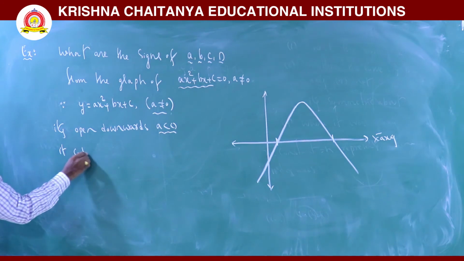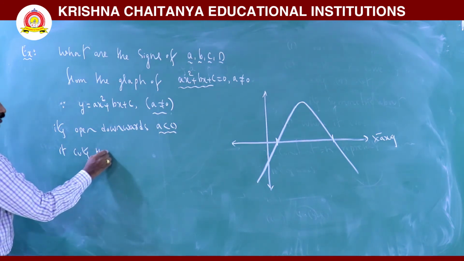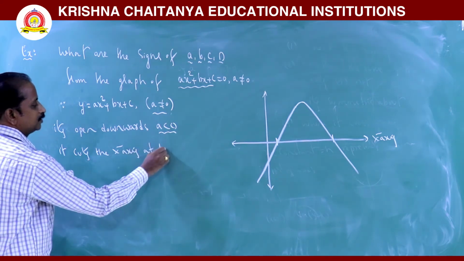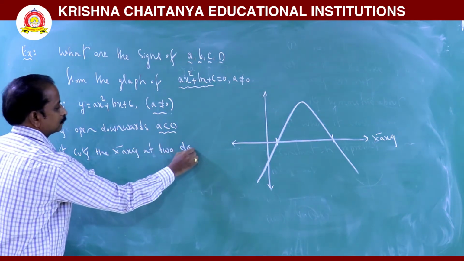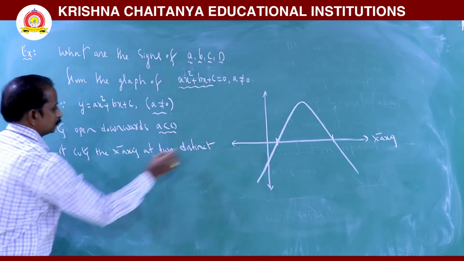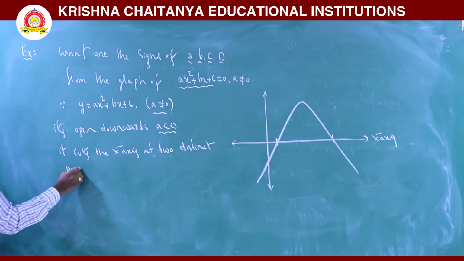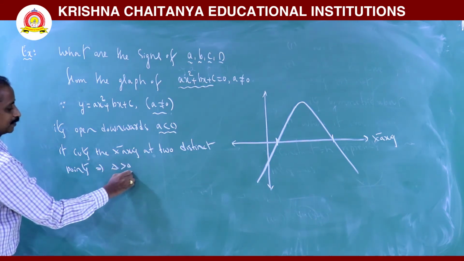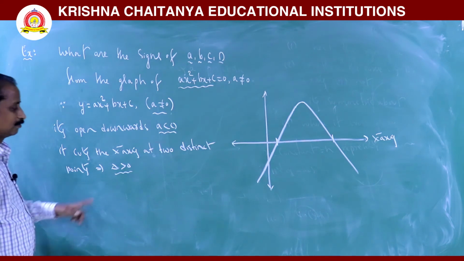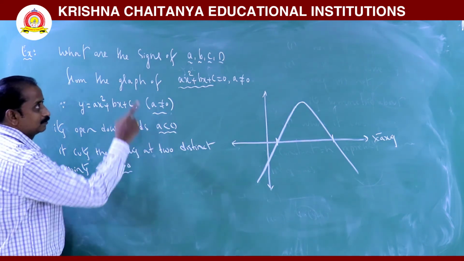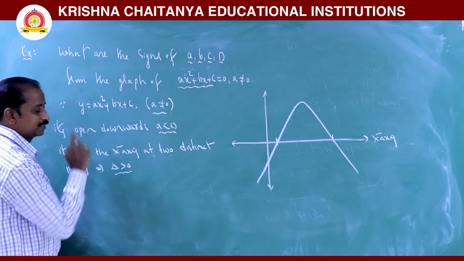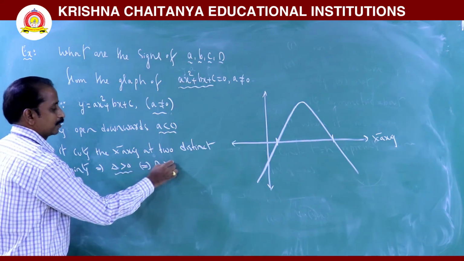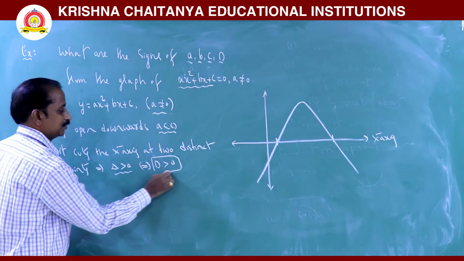It cuts the x-axis at two distinct points, which implies delta is mandatorily greater than 0. Delta greater than 0 means capital D is positive, where capital D is the discriminant.